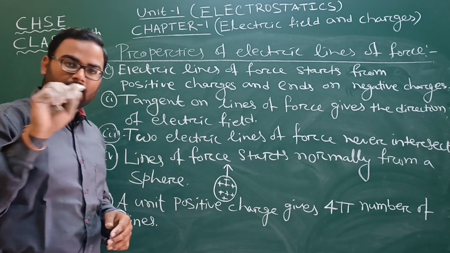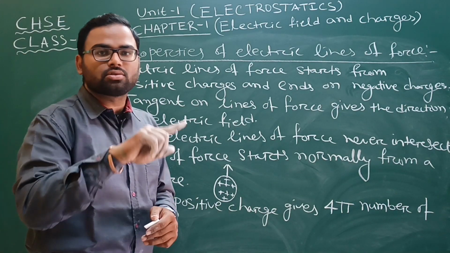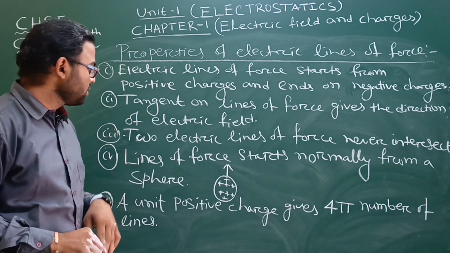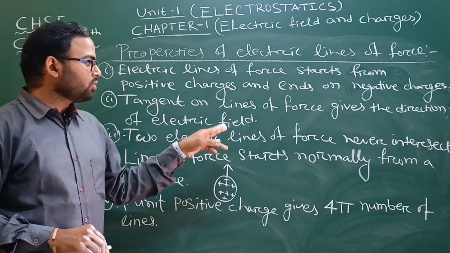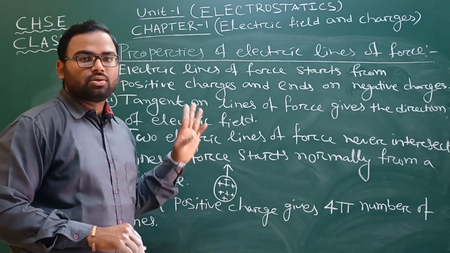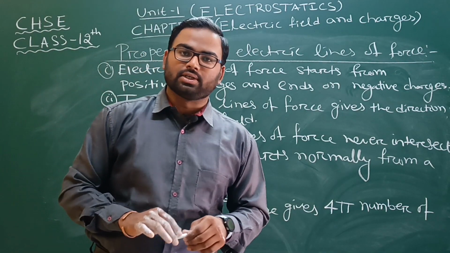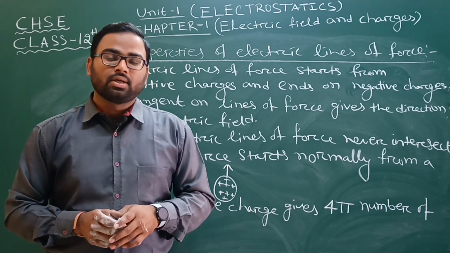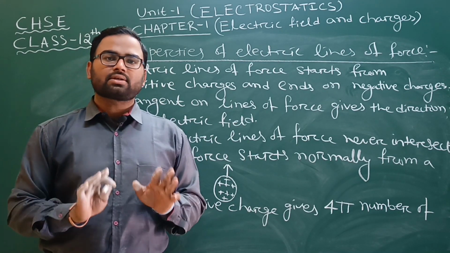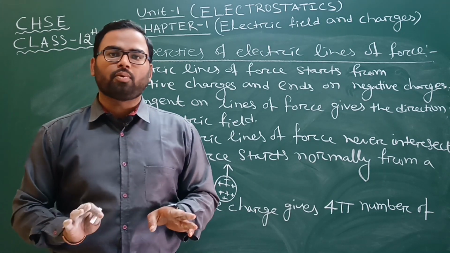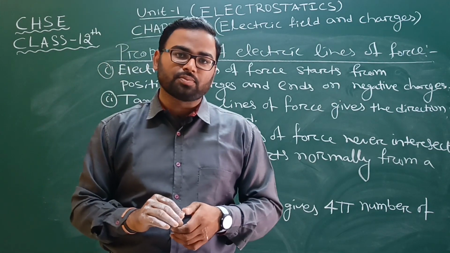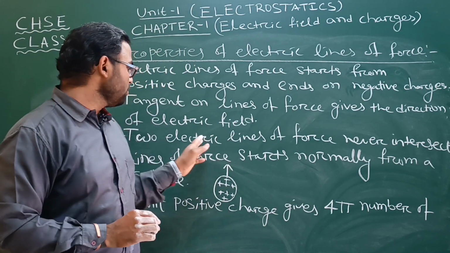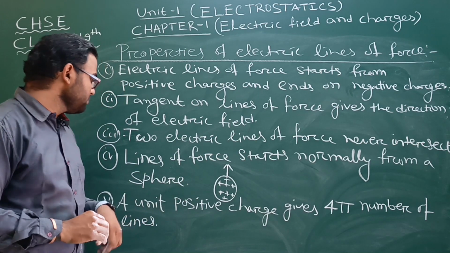If we draw a tangent on the electric lines of force, it will give the direction of the electric field. Two electric lines of force never intersect, because if they intersected, there would have to be two electric fields at that point, but that is not possible. We have seen in the superposition principle, only one electric field is possible there.